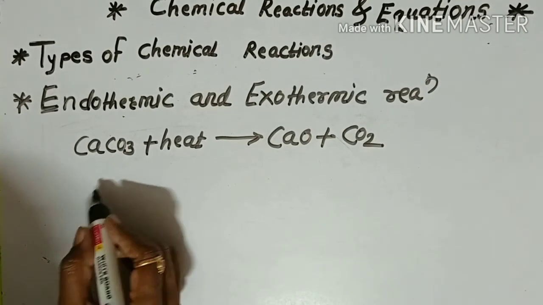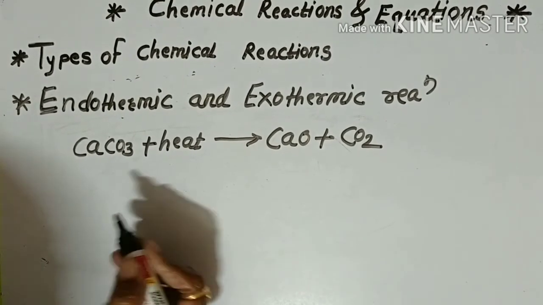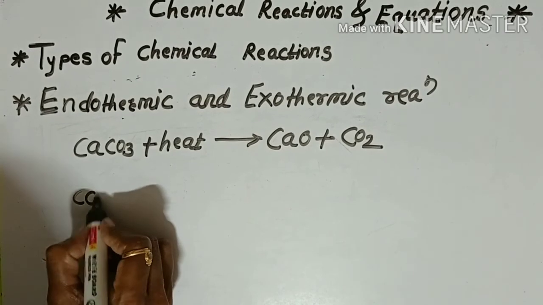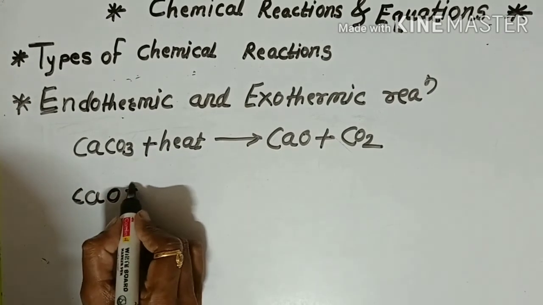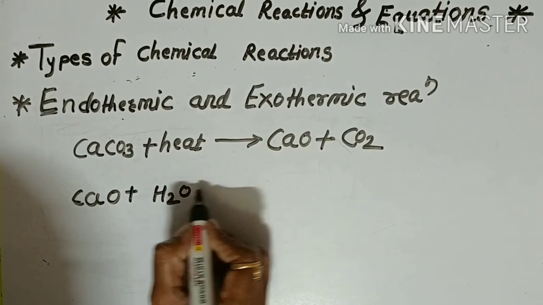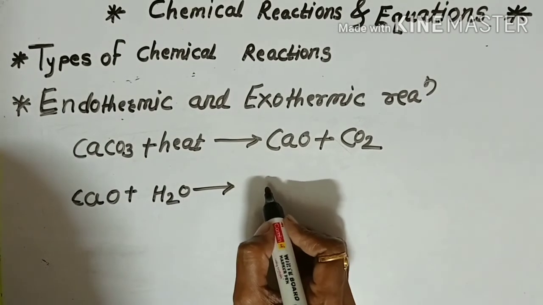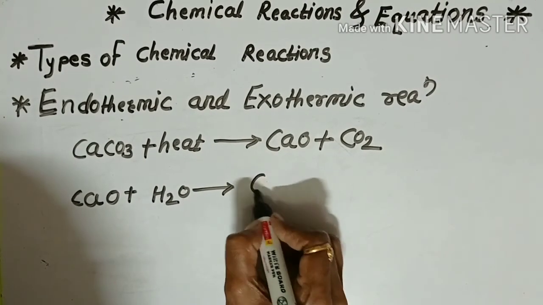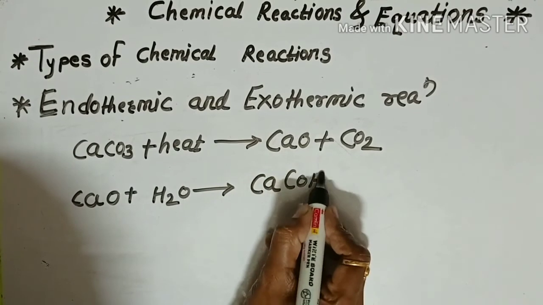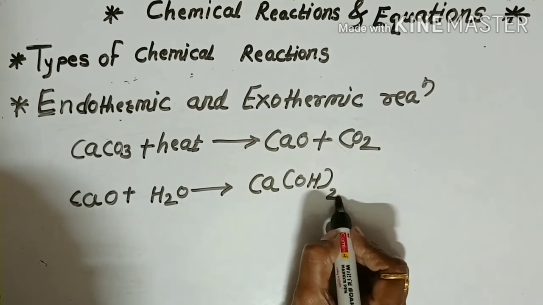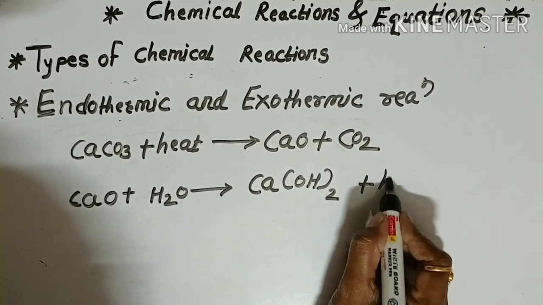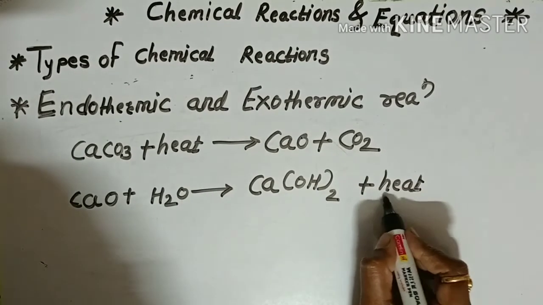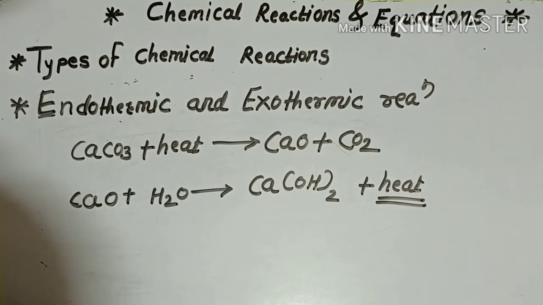And opposite to this is the exothermic reaction. See here, calcium oxide plus water. When we add water to the calcium oxide, we get calcium hydroxide, that is Ca(OH)2, plus heat. Here heat is formed during this reaction.